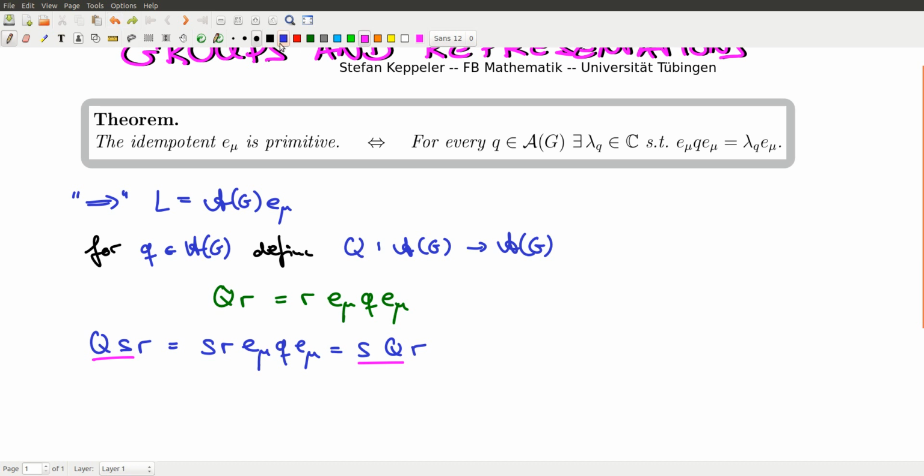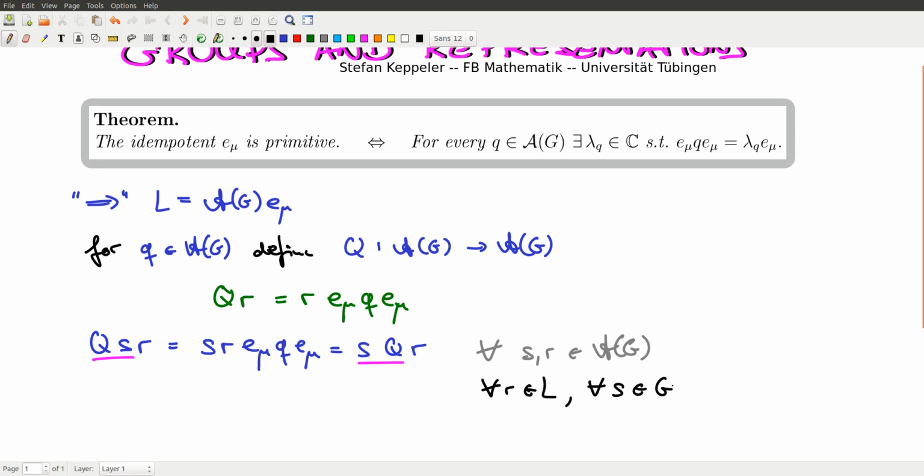Okay, so this is true for all S and R in the group algebra. But if it's true for all S and R in the group algebra, it's also true, let's say, for all R in L. It's just a subset of the group algebra, and for all S in G, that's some other subset.